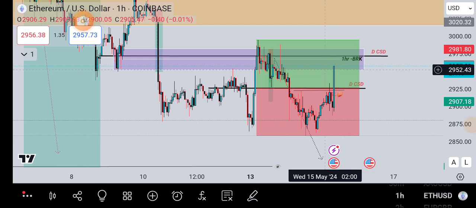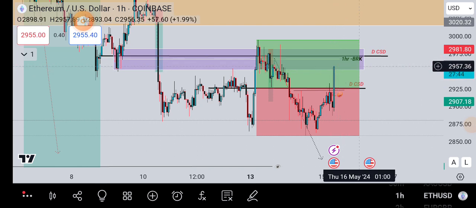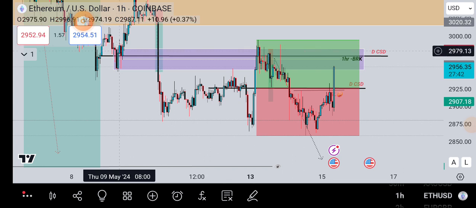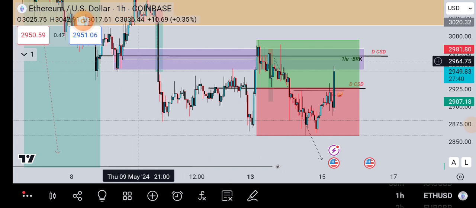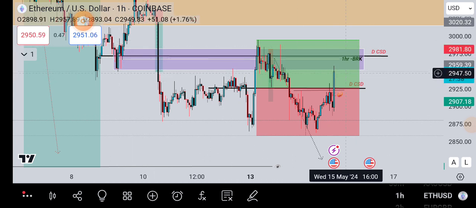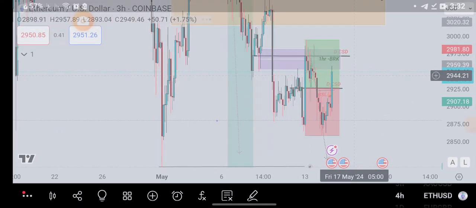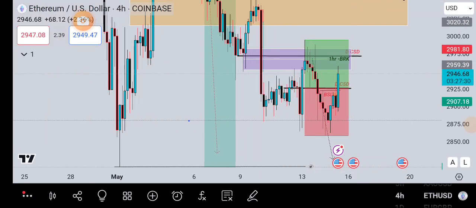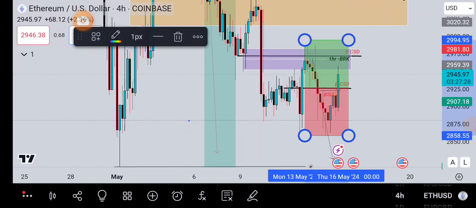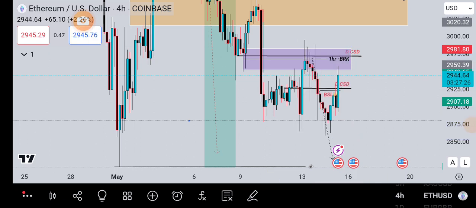And is currently inside this daily, this 1 hour breaker block, which is the last down close candle here. We have tapped into it, and probably from the 4 hour time frame, so I'll get rid of this because currently we are in premium.